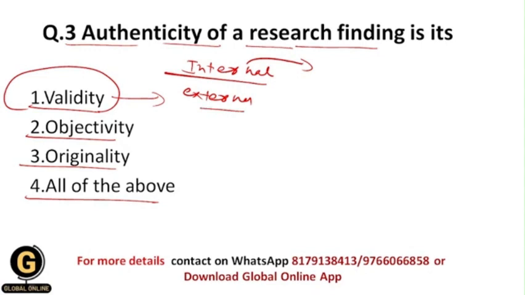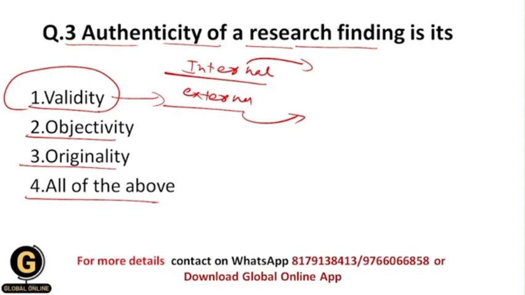And external validity means to what extent we can generalize the results of our research to other situations. So that is the exact meaning of validity. Now I hope all of you understood, and that's why validity is not the authenticity of a research finding.